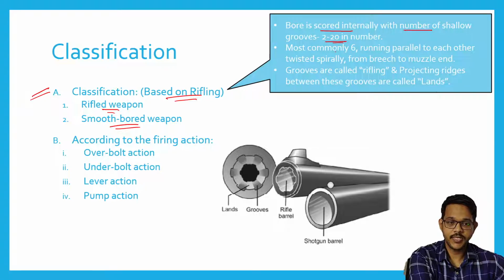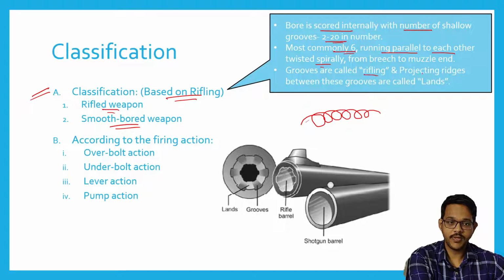Commonly there are six grooves present running parallel to each other and twisted spirally along the barrel. This has an advantage: it causes a gyroscopic effect when the bullet comes out. So that's how the rifling is done.